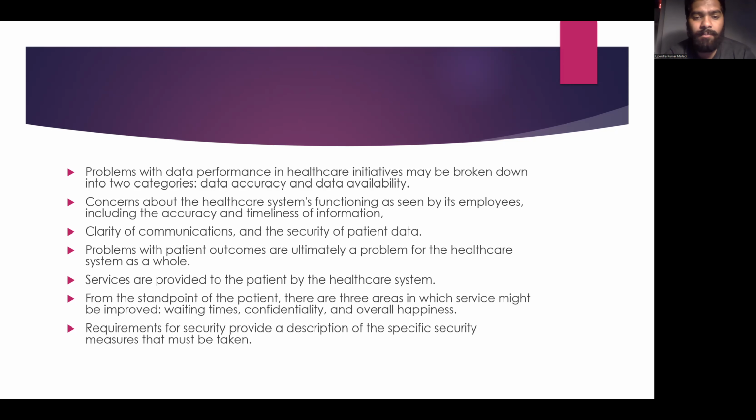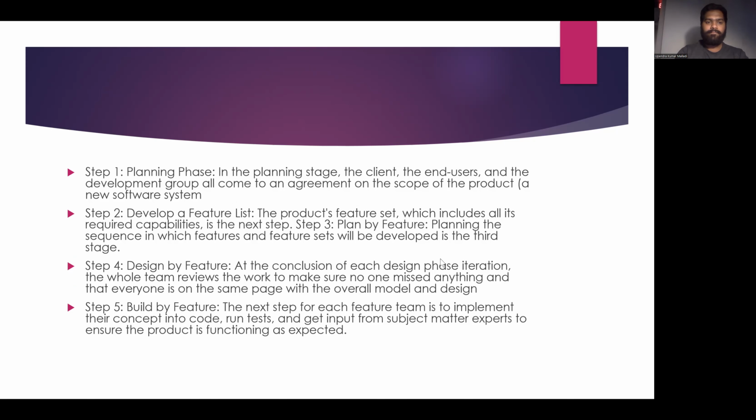Next, services are provided to the patient by the healthcare system. Third, from the standpoint of the patient, there are three areas in which service might be improved: waiting times, confidentiality, and overall happiness. For the security requirement, provide a description of the specific security measures that must be taken.